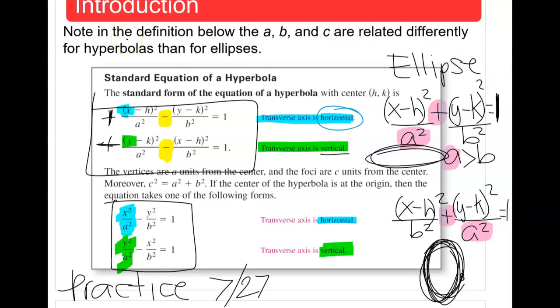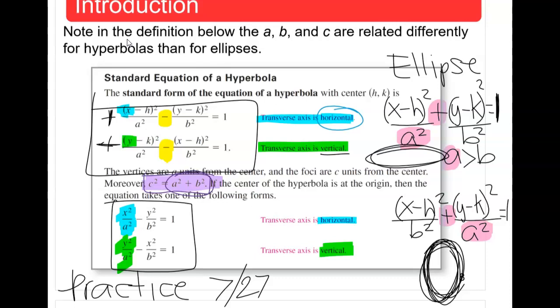Also, another thing, very important: the way we used to find c with ellipses was different than the way we do it here. If we want to find c squared, and we're talking about hyperbolas, it looks almost identical to the Pythagorean theorem, right? So that's how we will find it.